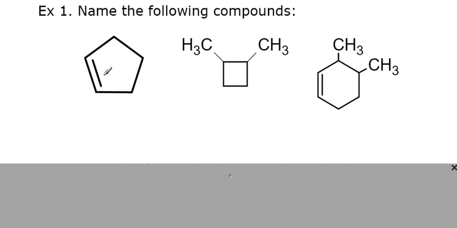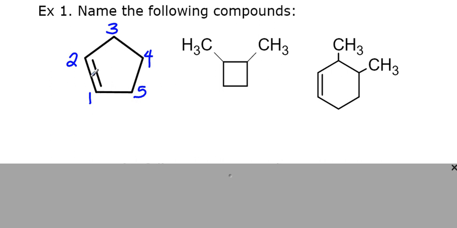So if I were numbering this first structure here, I would go 1, 2, 3, 4, and 5. I could have also gone counterclockwise and gone 1, 2, 3, 4, 5. I usually like to stick with clockwise if there's an option, just because I'm used to seeing it that way. Why did I do 1, 2 like this? This is carbon 1, this is 2.